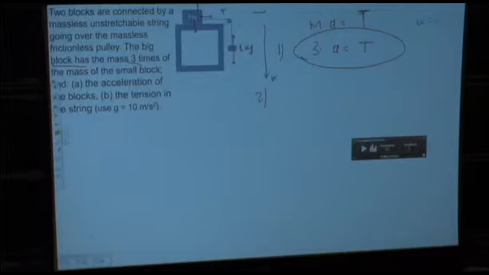Now, m times g gives 1 times 10 newtons. Of course, if we release the system, let it go from rest, both objects will be speeding up. The top object sliding to the right, the next one moving down. So the acceleration should point down.